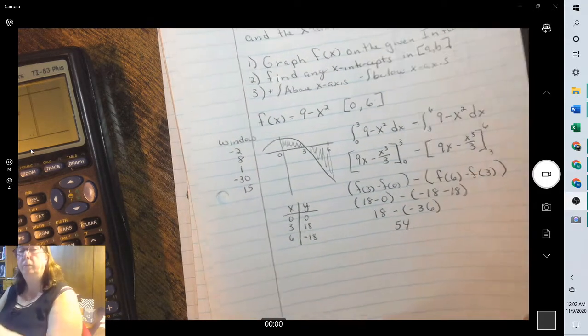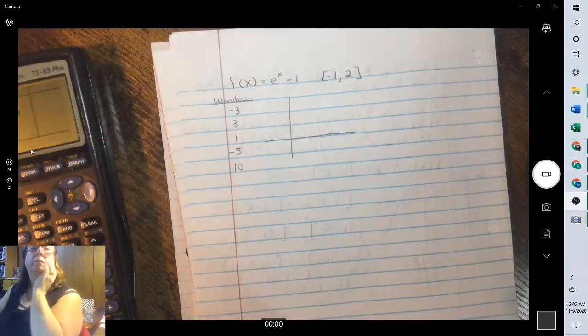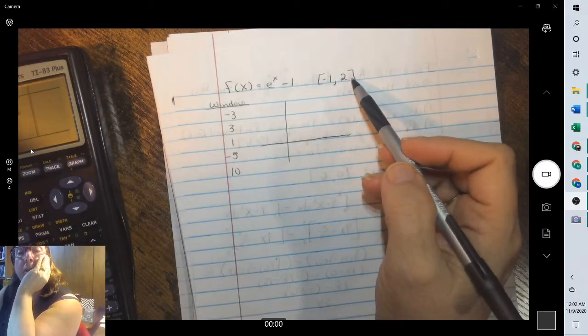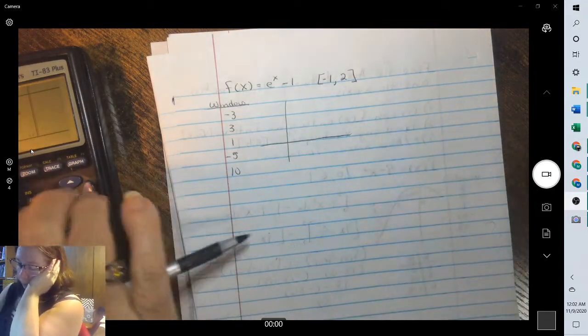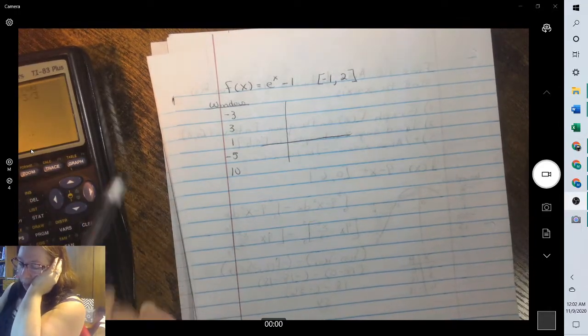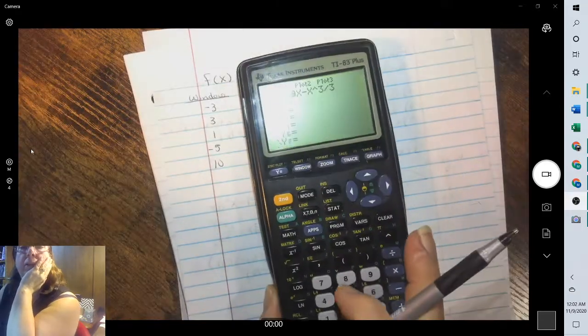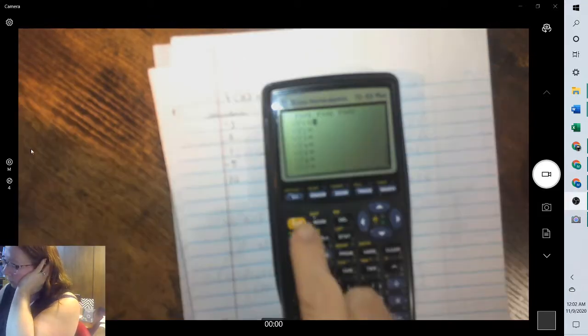Let's try another one. So the first thing we want to do is graph this from negative 1 to 2. So we go to y equals, and we plug in our graph. It was e to the x.